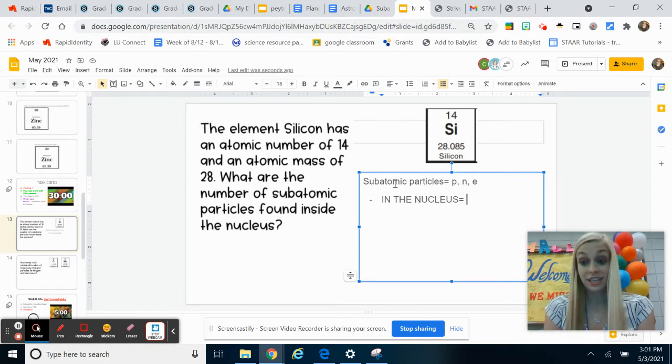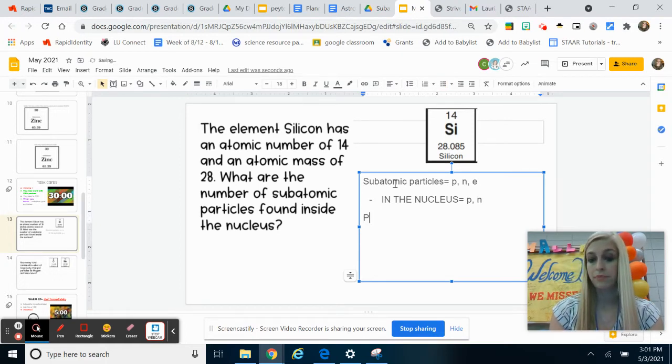Are electrons in the nucleus? No, they're on the energy levels. Are protons in the nucleus? Yes. Are neutrons in the nucleus? Yes. So now we need to find the number of protons and neutrons for silicon and add them because it wants the number of subatomic particles in the nucleus. Okay, no big deal.